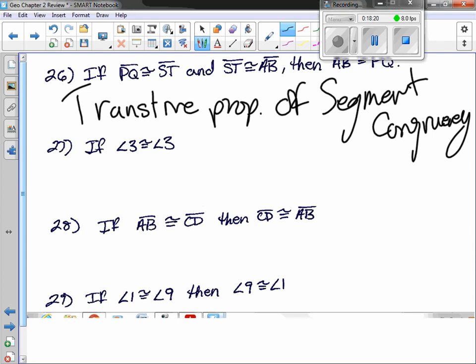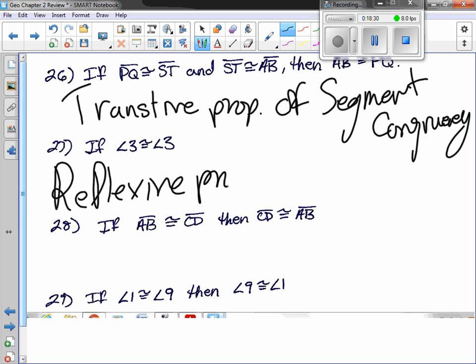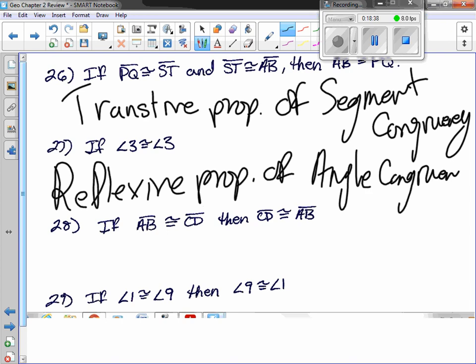Let's look at 27. If the measure of angle 3 is congruent to the measure of angle 3, this is our reflexive property of angle congruency. Any questions on any of this here? We good with these here?